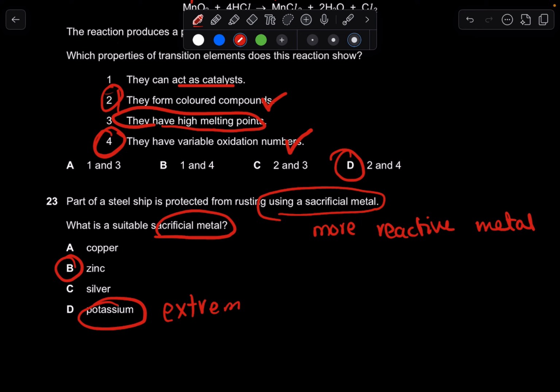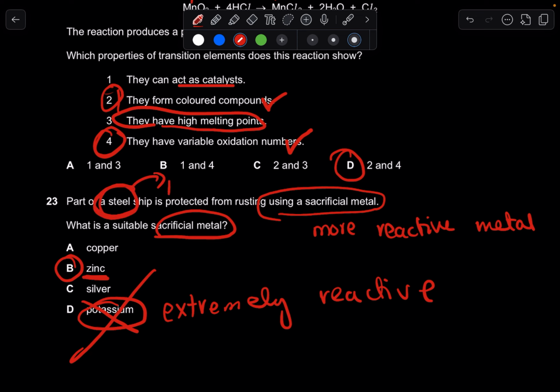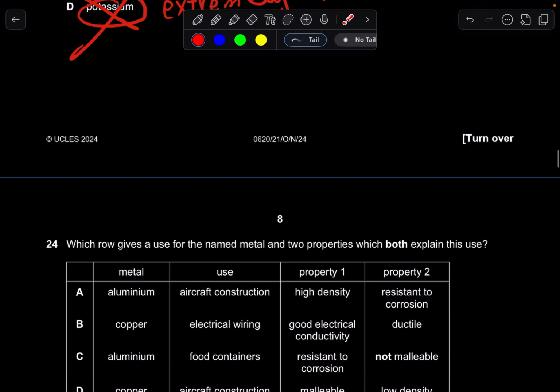It's so reactive that if you put potassium on a ship, it's going to blow up reacting with water. You can't have extreme reactivity. You need something more reactive than iron, because steel is basically iron, but not so reactive that it's going to be used up in just 5-10 minutes. Zinc at least is going to protect it, and it's going to stay there for some time.